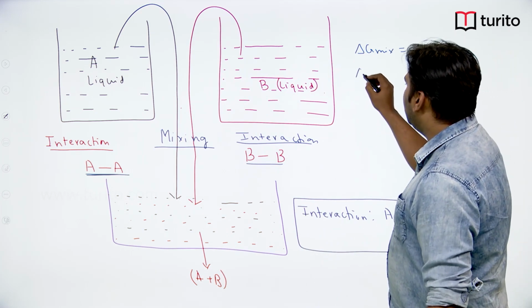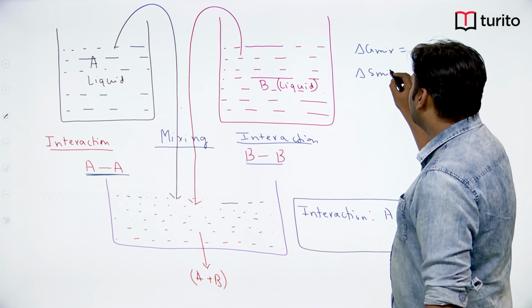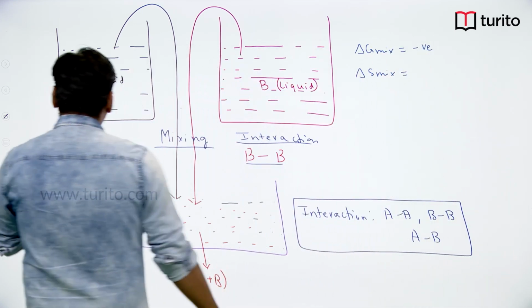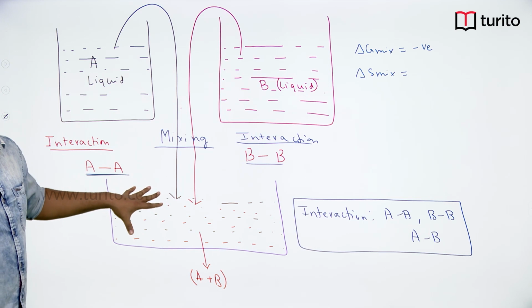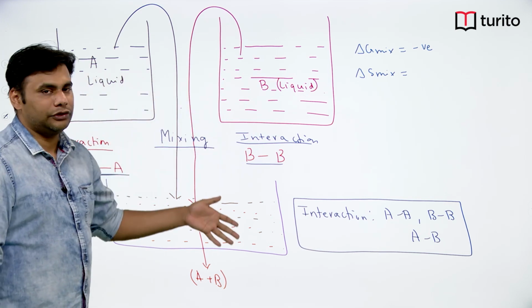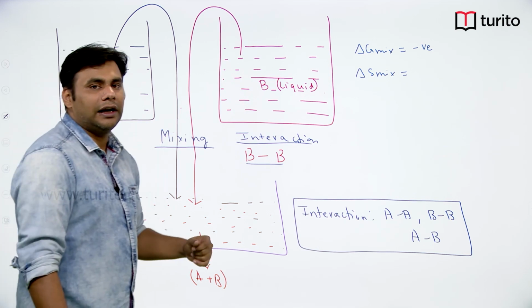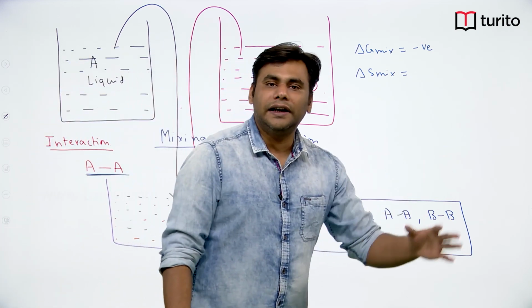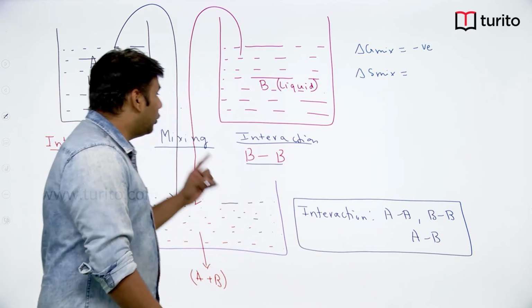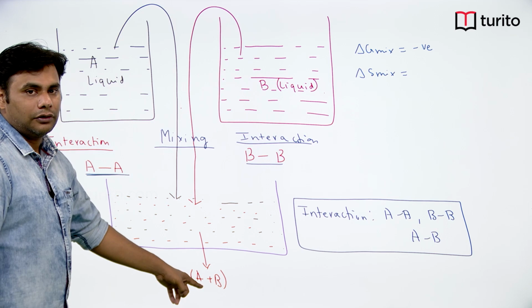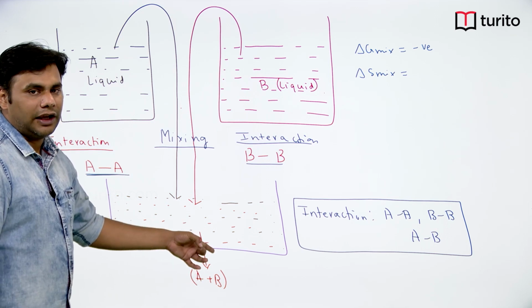Now if you look at delta S mixing, can we comment anything about it? Because we have mixed the two solutions, the total volume of the solution has increased. And we know that entropy is the degree of randomness. So if you look at liquid A, it will have A molecules.